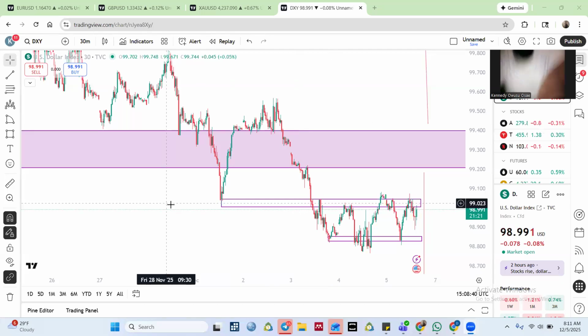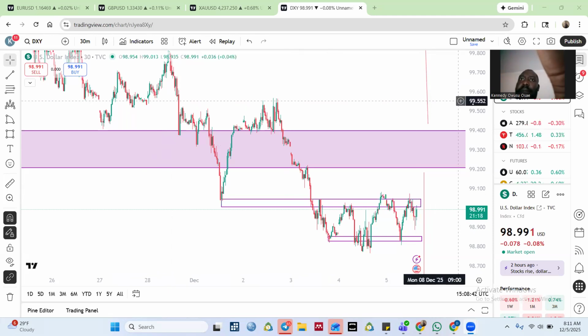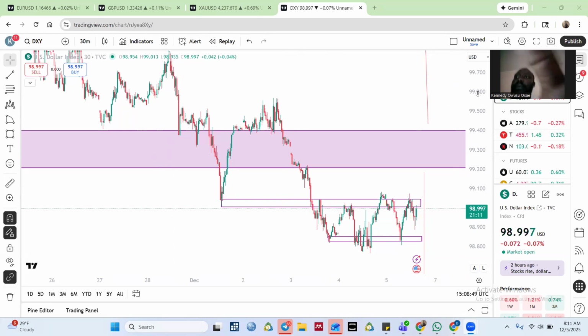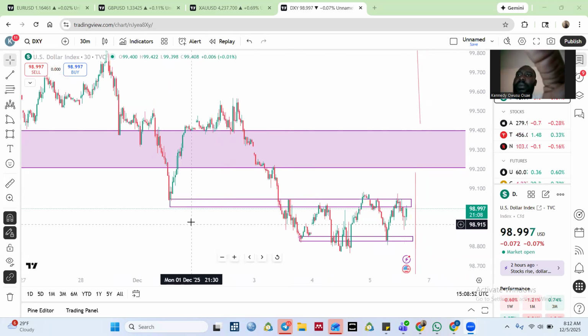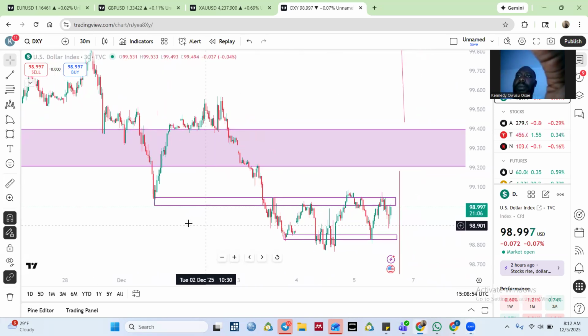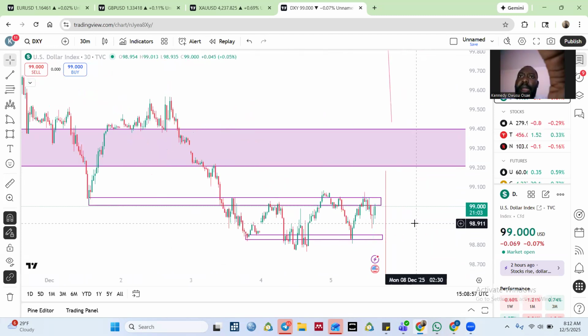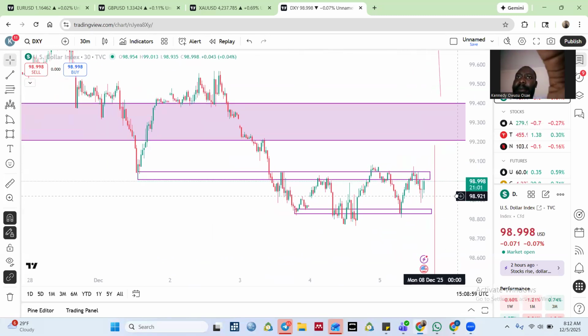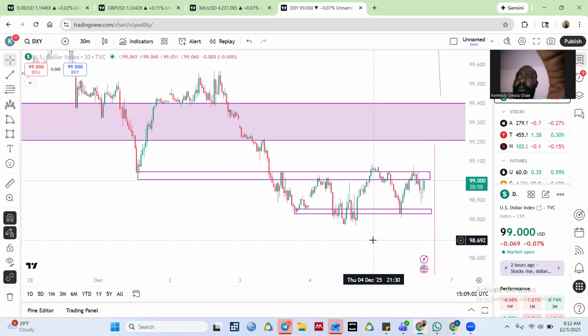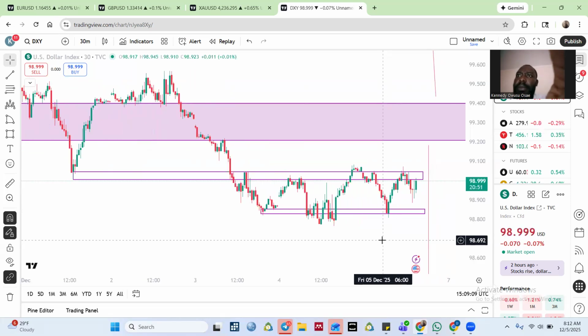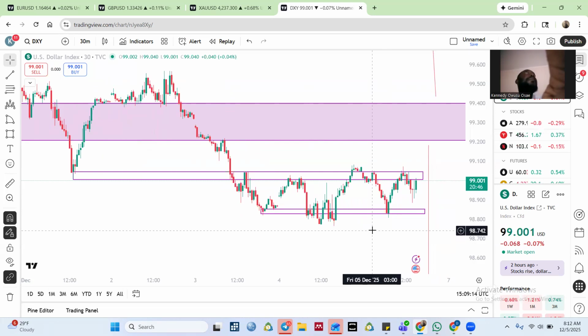The dollar index is like the mother of the forex market. So what the DXY or dollar index is doing is actually what is going to determine, or create a picture of, whatever is happening or is going to happen for a lot of pairs, I mean for all the pairs.